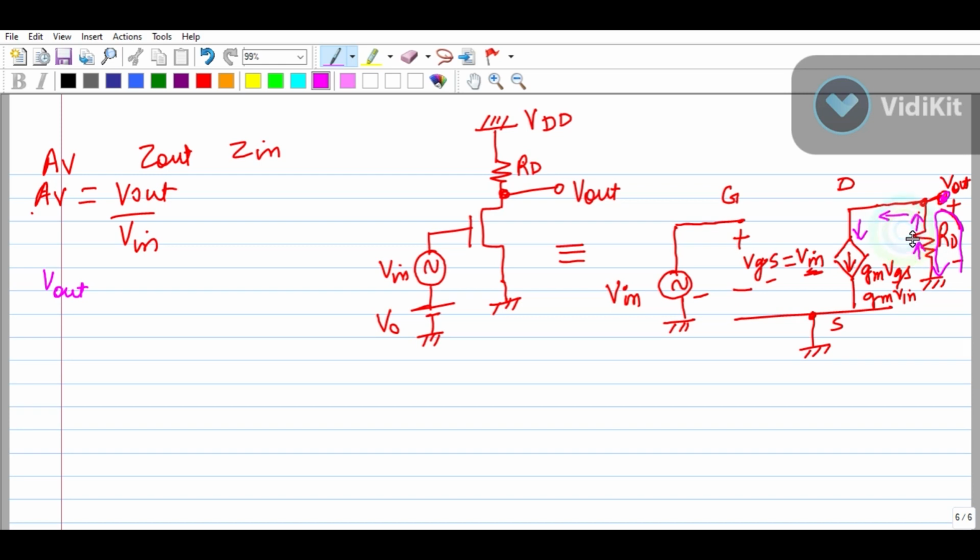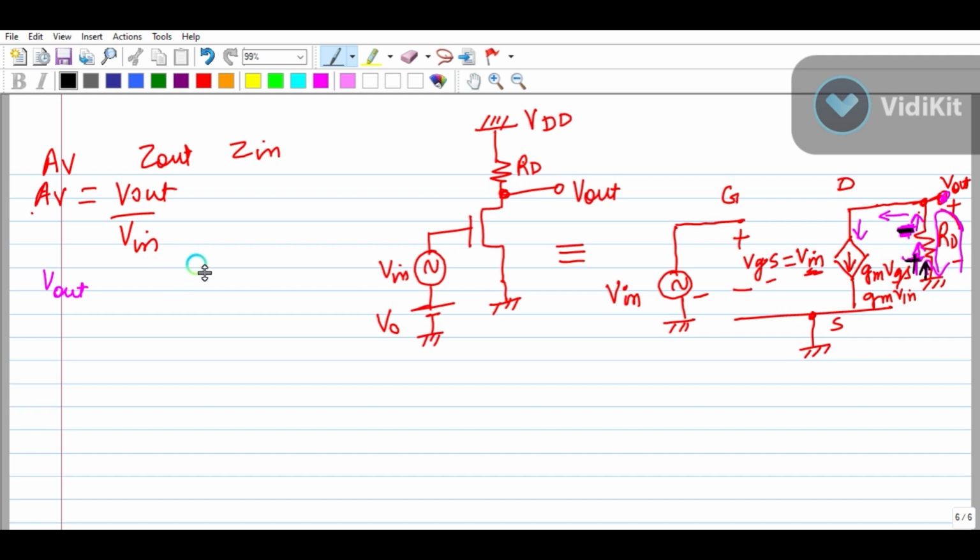This is positive and this is negative, since the current is going in this direction. This is the negative terminal, this is positive, because the current direction is like this.